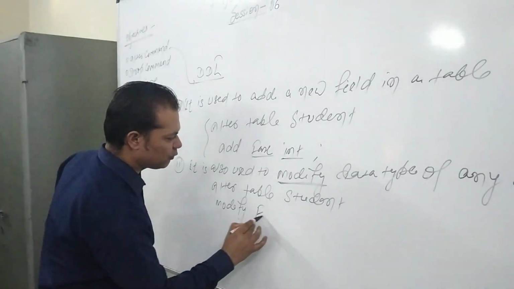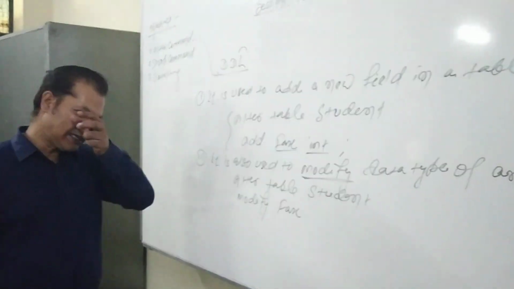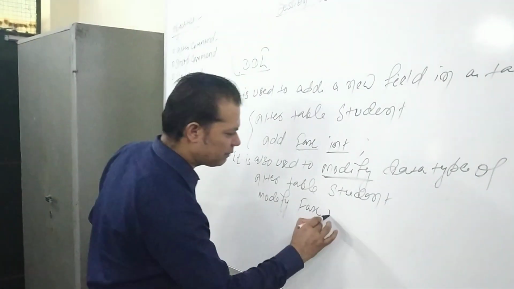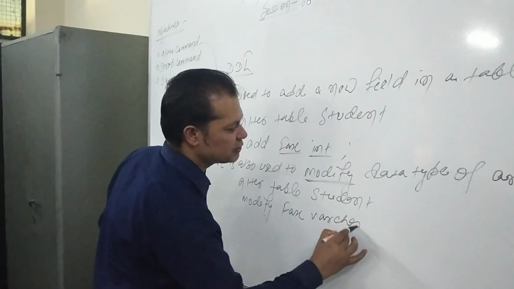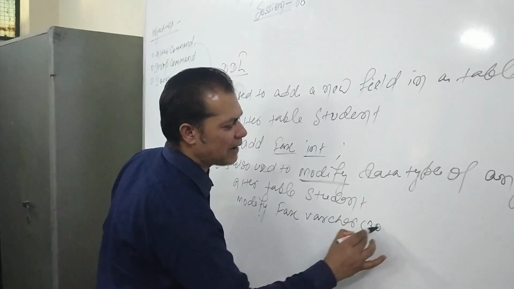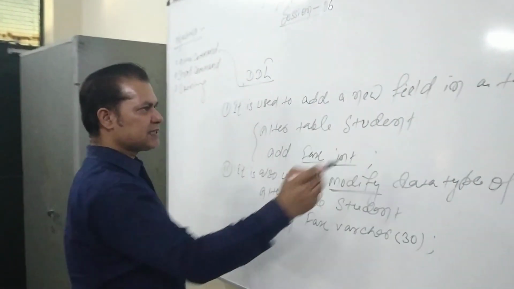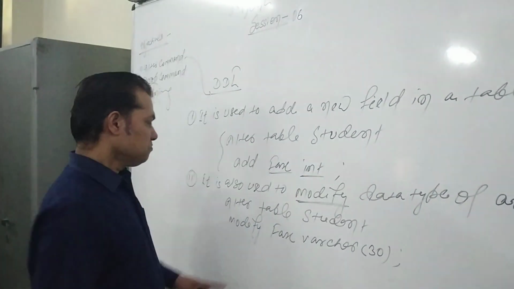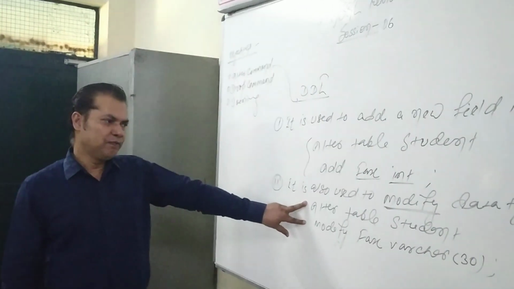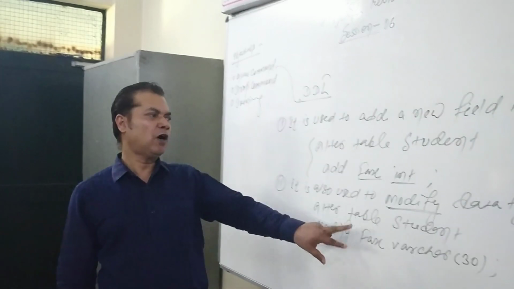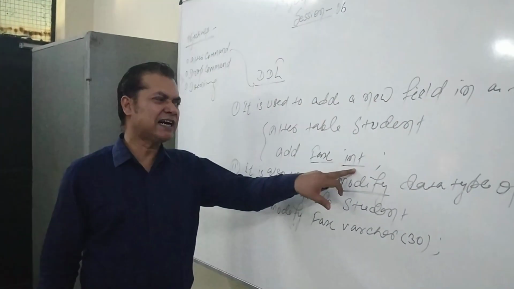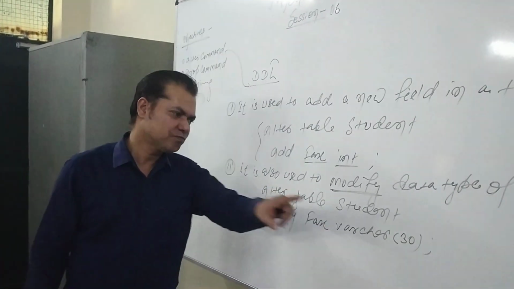Then the field you want to modify, that is facts, and what data type you want to give now, so varchar. Then of course varchar takes a size, put the size, and semicolon. So this alter command will modify the data type of facts, which was integer kind earlier, into varchar.